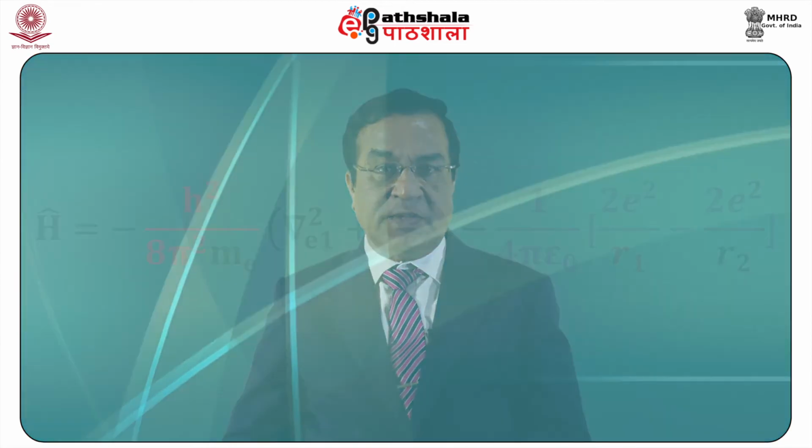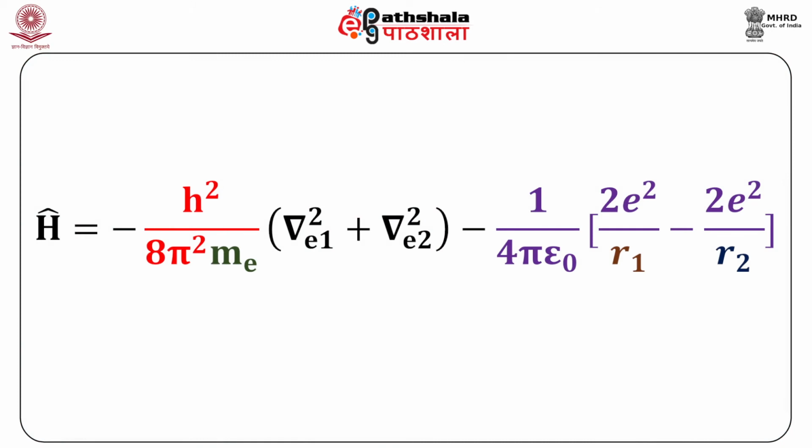Therefore, if we neglect this interelectronic repulsion term, then the Hamiltonian becomes a two-body problem, and it has H cap equal to minus h² upon 8π²me (∇₁² plus ∇₂²) minus 1 upon 4πε₀, in the parentheses 2e² upon r₁ minus 2e² upon r₂, and these two are the attraction terms about which we have already discussed.